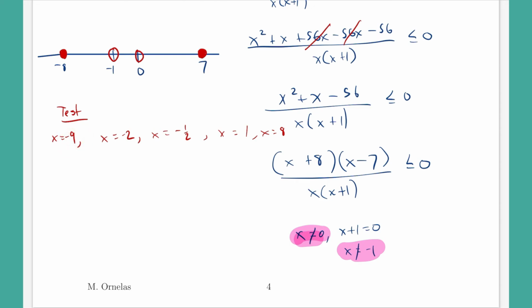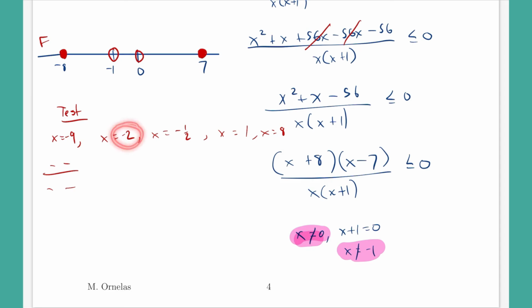All right, so I'm going to kind of do this a little quickly. So if I plug in negative 9 here, this is going to be a negative. So we got negative divided by negative. So you got 1, 2, 3, 4 negatives, which makes a positive. Is that less than or equal to 0? False.